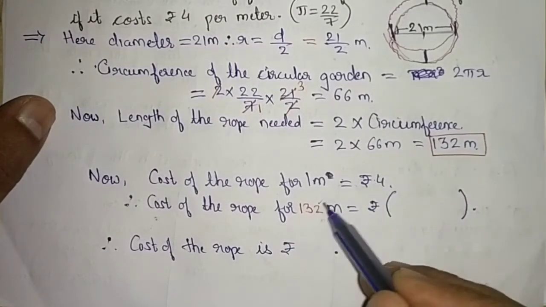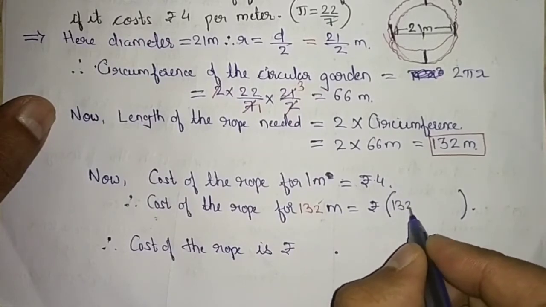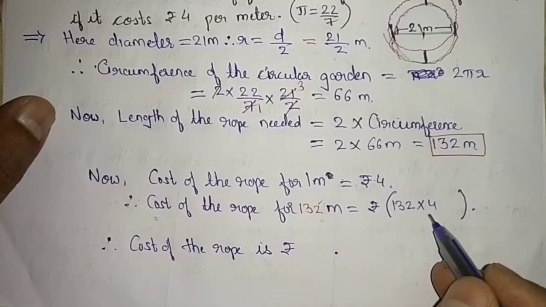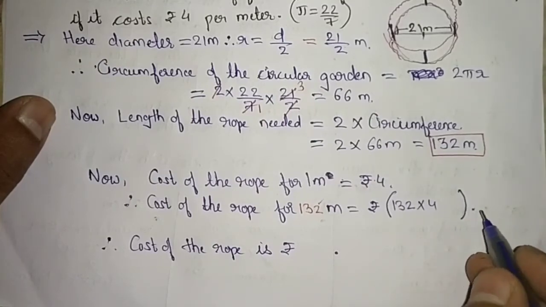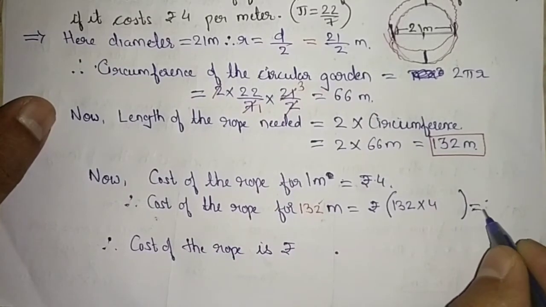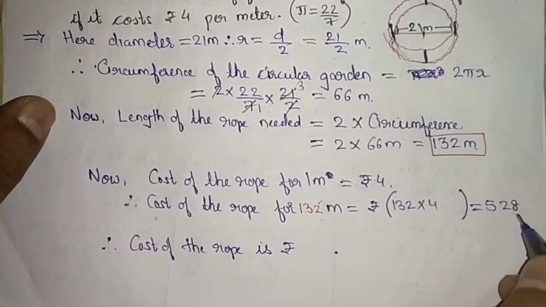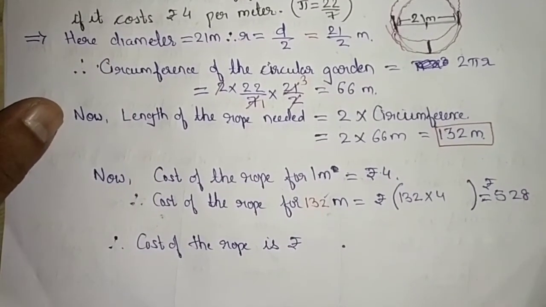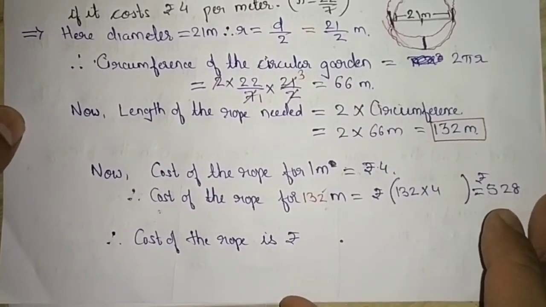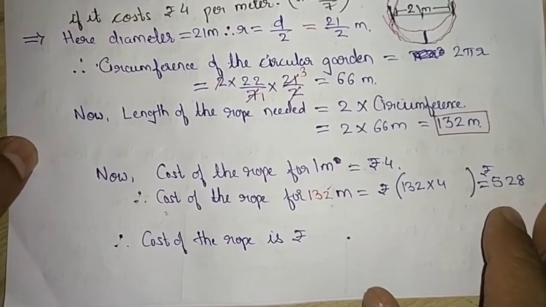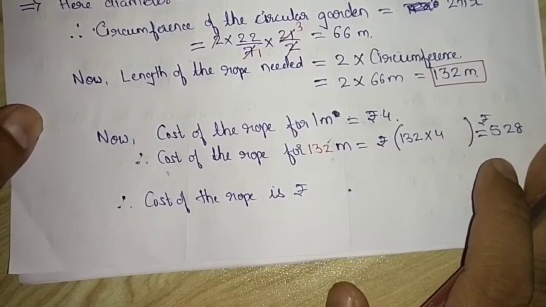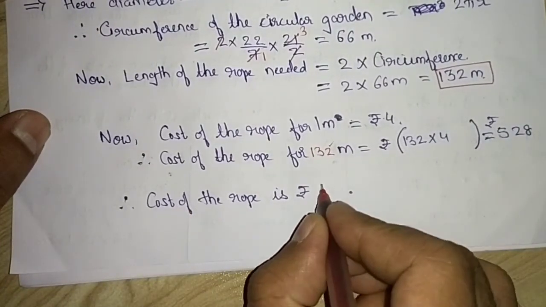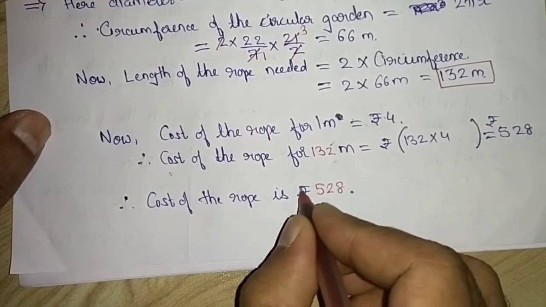We will cross multiply 132 into 4. When I multiply, I will get 528 rupees. So we are interested in the cost of the entire rope, the entire length of the rope. So we will write the cost of the rope is rupees 528.